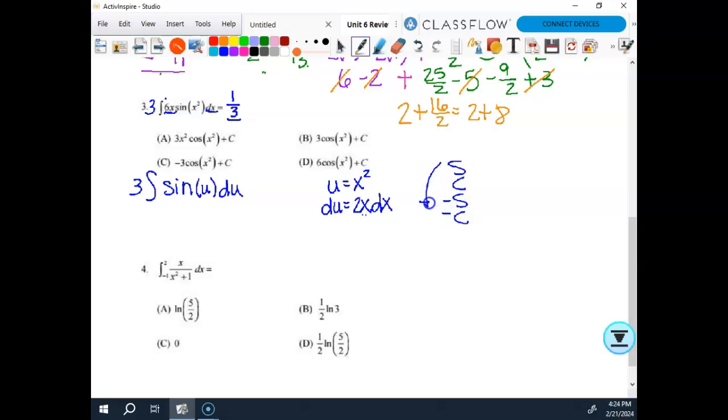So going this way is derivative, going this way is the integral. So if I'm going to integrate sine, I have to go up, which means I wrap back around here to get negative cosine. So this is going to be negative 3 cosine of u plus c. Okay, so I have the plus c because I don't have limits of integration. I substitute u back in because I don't have limits of integration, and that's what's going to make it c.